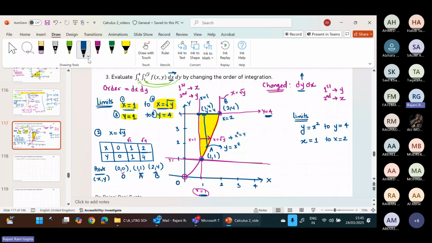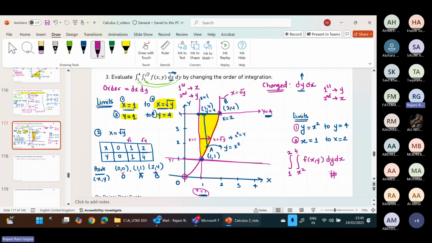Okay, so the changed order of integration will be double integral f(x,y) dy dx. First the limits of y, that is from x square to 4. And secondly, the limits of x, 1 to 2.